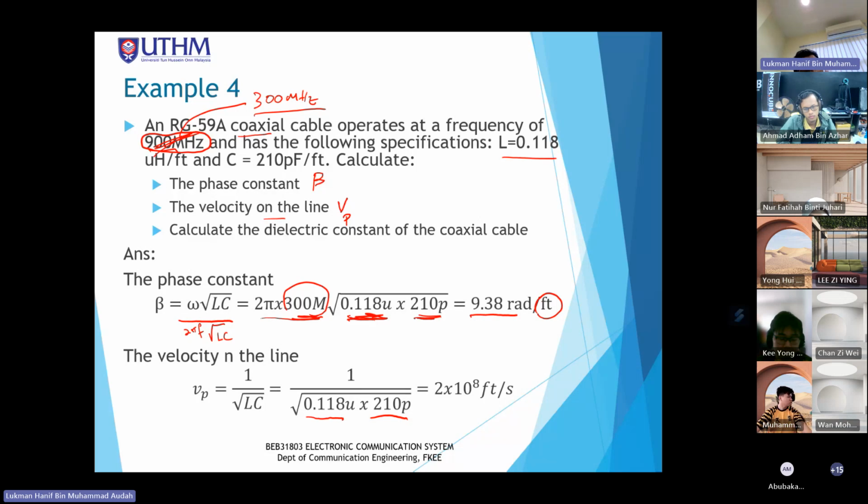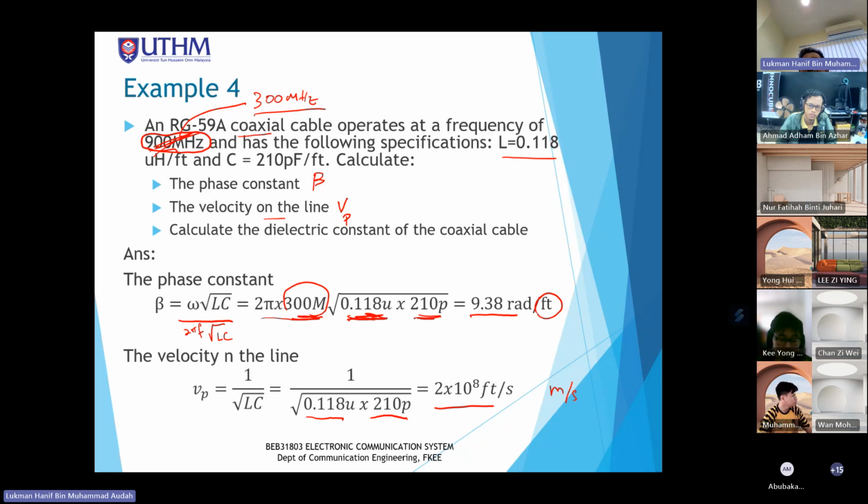Since we are given the values of length in terms of feet, the answer should be feet per second. If we use the standard unit, it should be meter per second, so don't be confused. This is the speed.